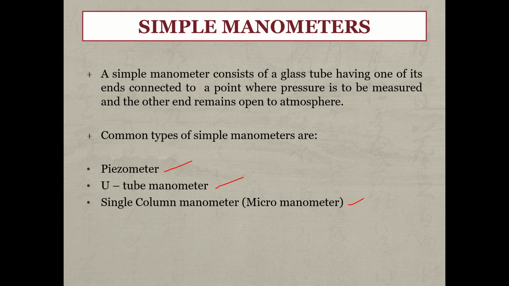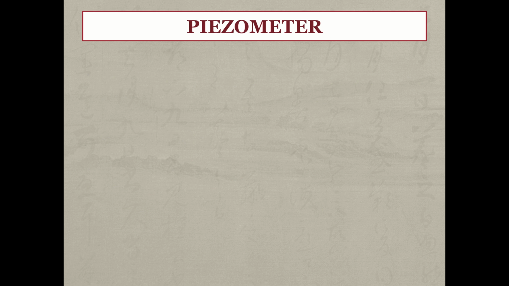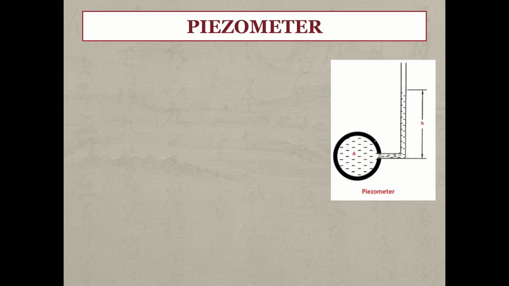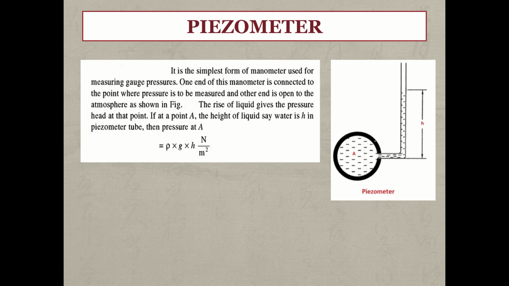Single column manometer is further classified into vertical single column and inclined single column, which we will see in our coming slides. Coming to the first one, which is a piezometer. This is a diagram of a piezometer and it is the simplest form of a manometer.